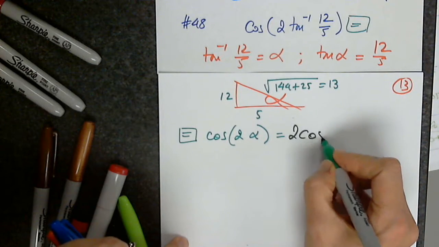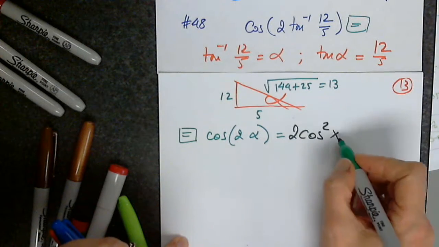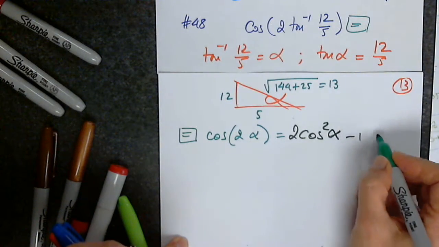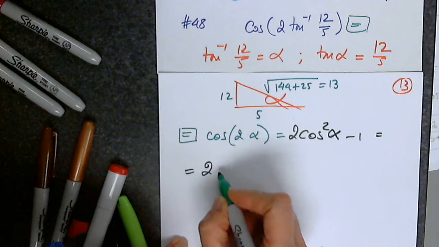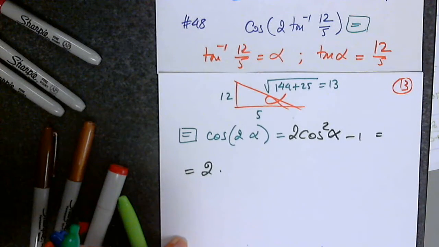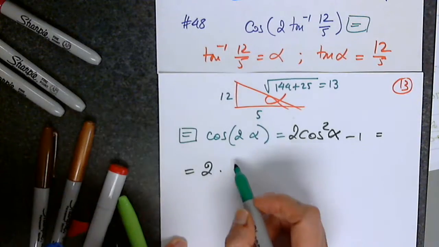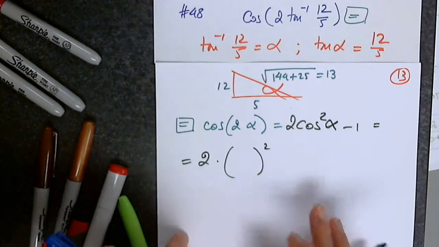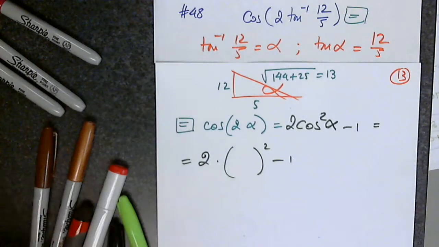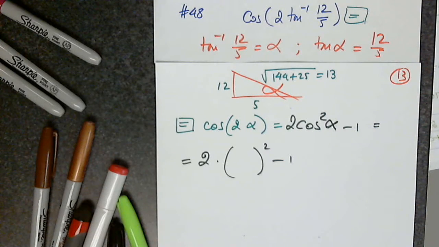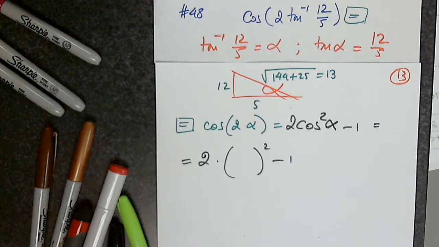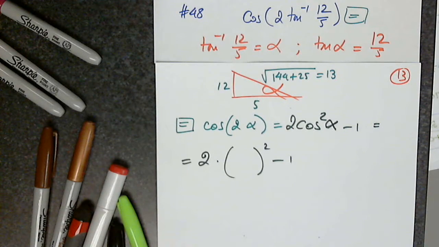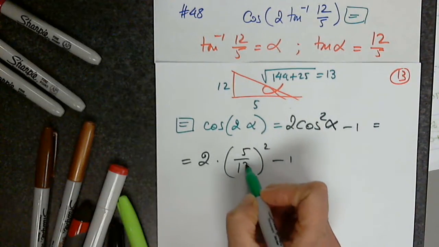2 cosine squared alpha minus 1, I agree with that. So 2 multiplied by cosine squared. Can anyone give us cosine? Let's write the cosine and then we'll square it in a second together. Cosine alpha. I disagree. It cannot be 12 over 13 because that is the opposite over the hypotenuse. It's 5 over 13. Excellent.